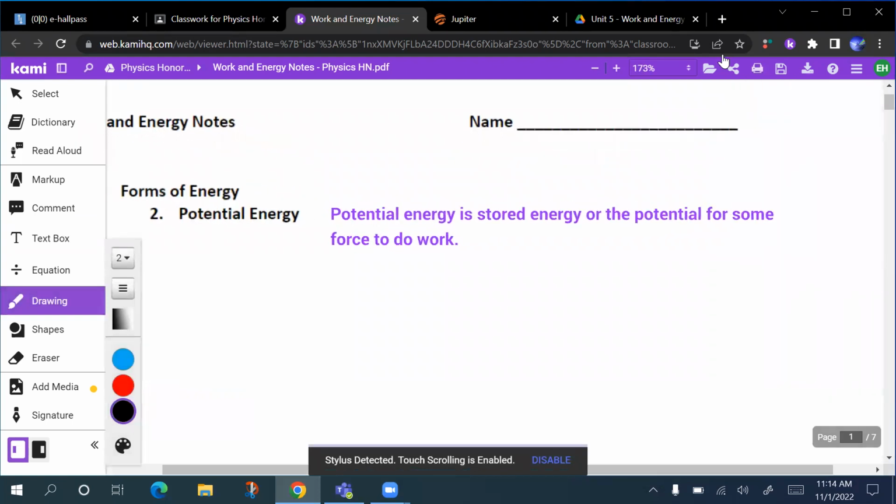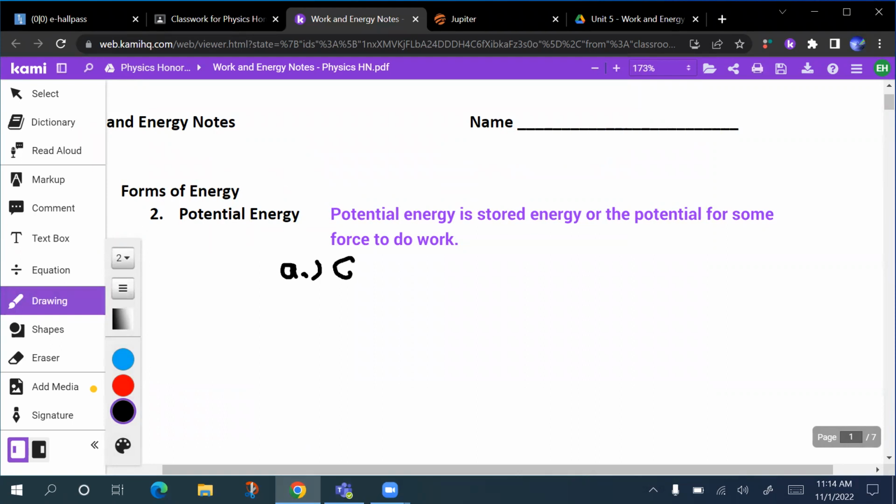We can begin with gravitational potential energy. Okay, we'll be writing the variable for it as PE sub G for gravitational potential energy.